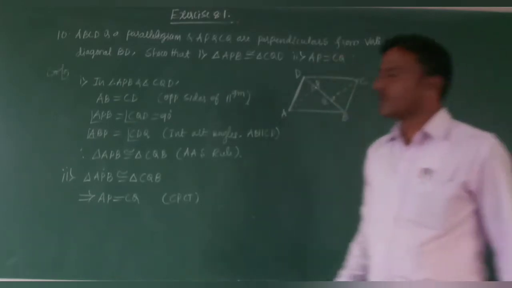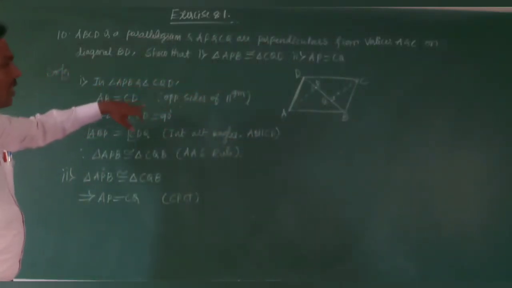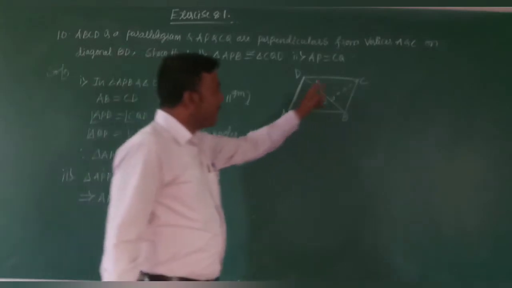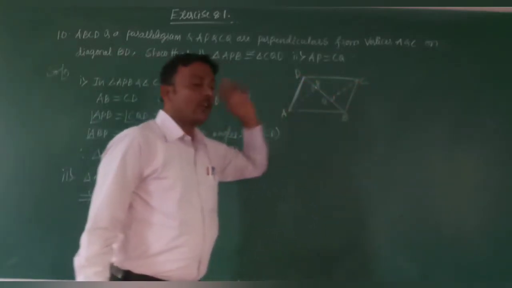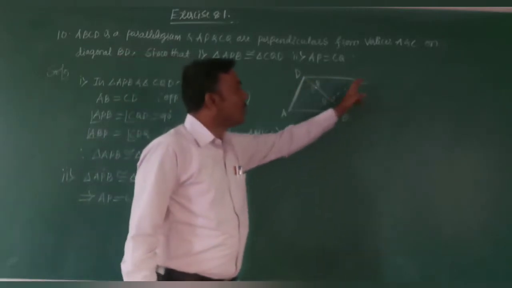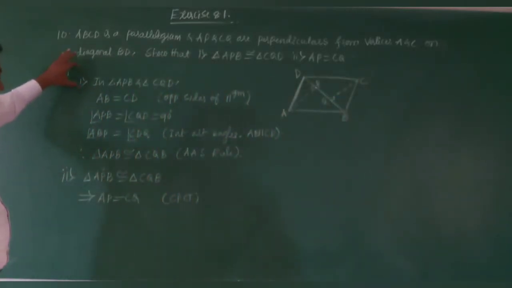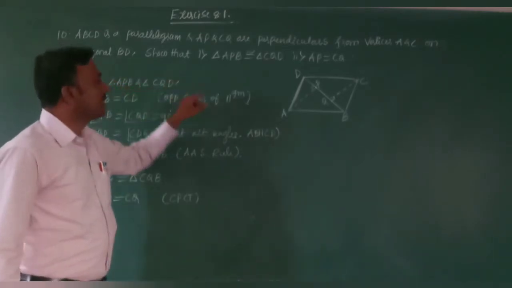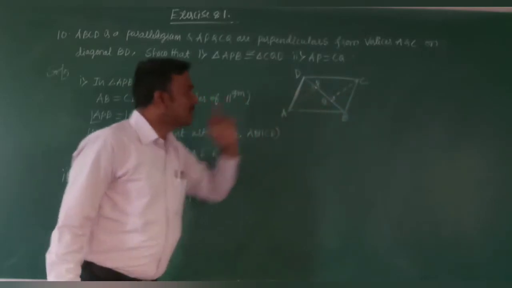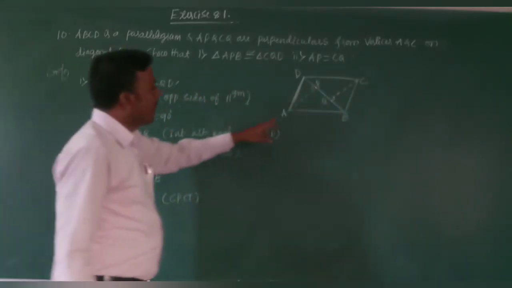Very simple question. Okay. So it is given that ABCD is a parallelogram. AP and CQ are perpendiculars dropped on diagonal BD, such that AP is equal to CQ. It is given. We need to prove those two conditions. Prove in triangle APB and triangle CQD. In these two triangles, angle APB is equal to angle CQD.